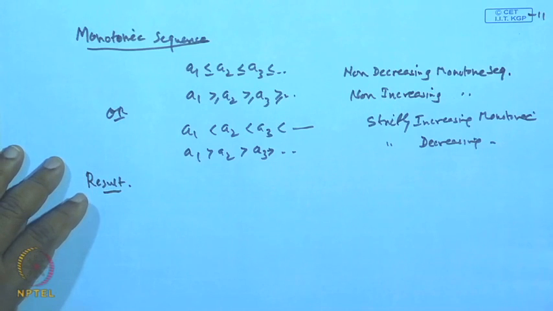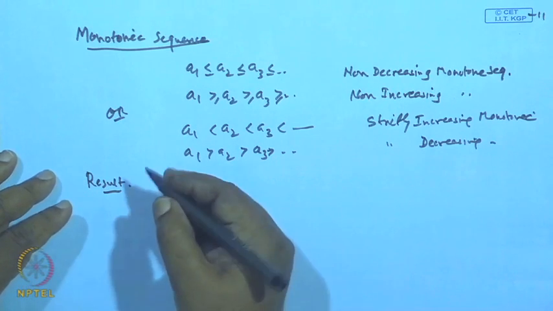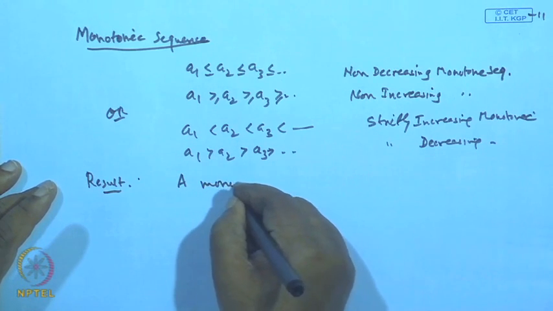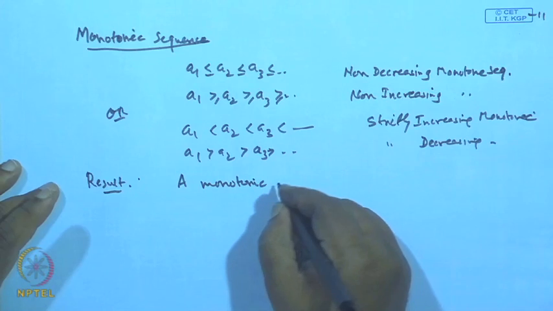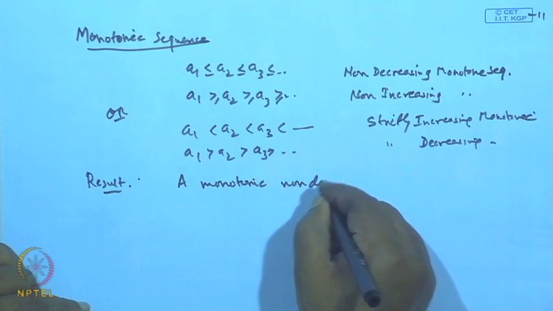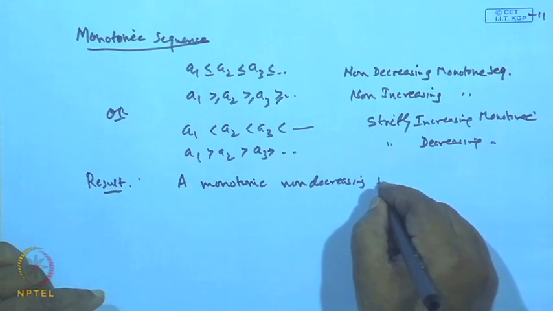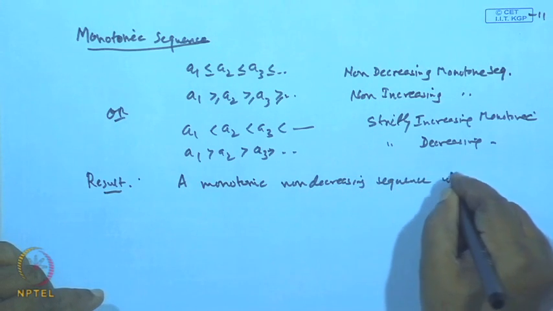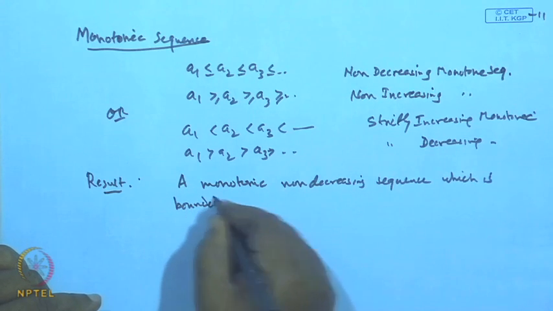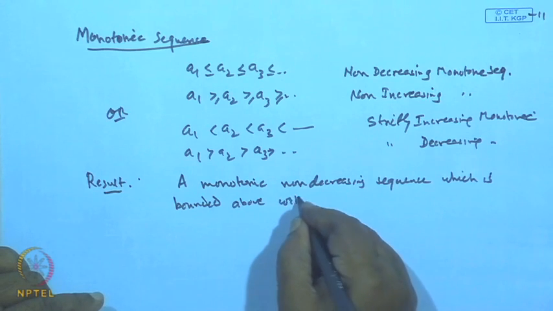A monotonic increasing, non-decreasing sequence which is bounded above will be convergent.